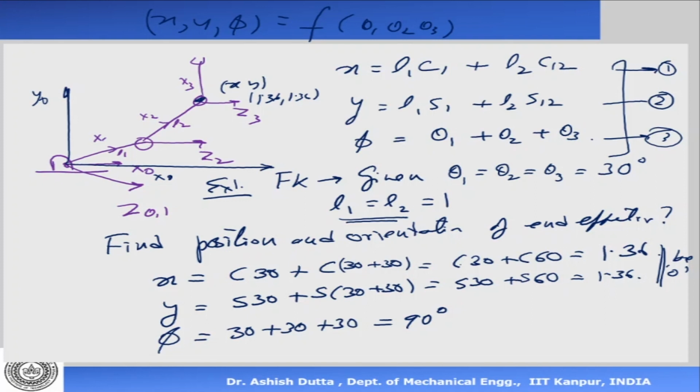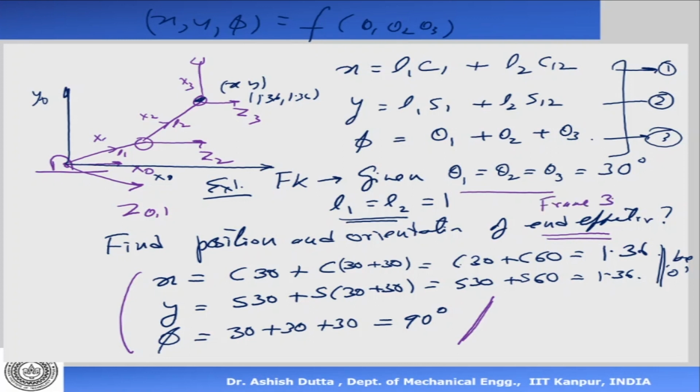So now we are seeing that this is my forward kinematics. I have put in the values of thetas, and I'm getting the values of the position and orientation of the third frame. Please note this is the position and orientation of the frame. Although we are saying find position and orientation of end effector, here it means frame 3.